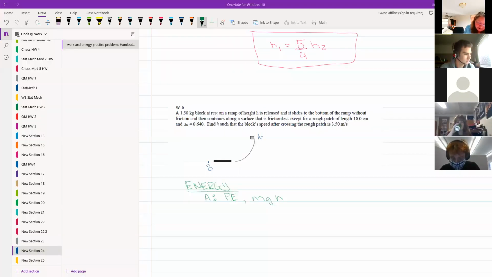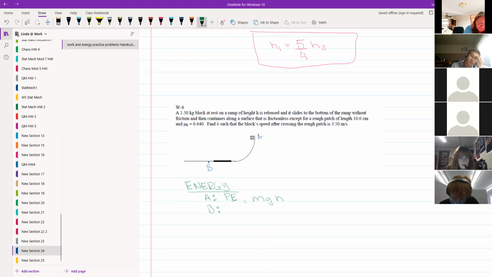I have potential energy, so mgh, the mass of the thing, at some given height. Let's see, at point B, what do I have? You'd have kinetic energy, but it would be less than the gravitational potential because of the friction. Yes, I agree. Because of friction.